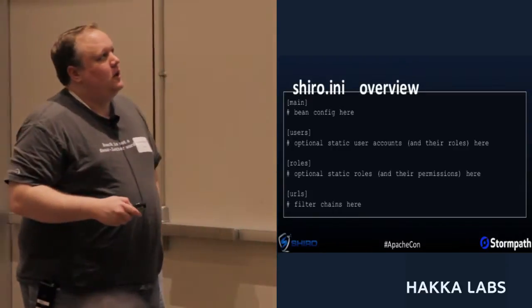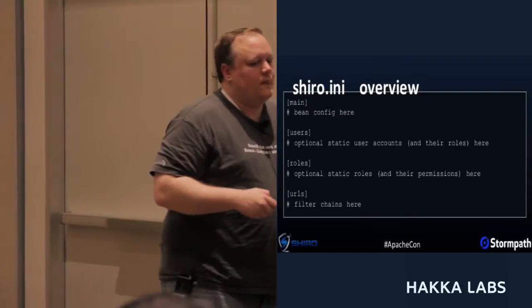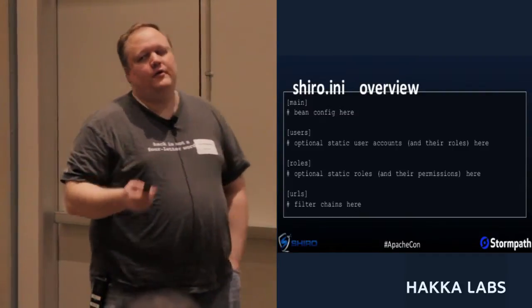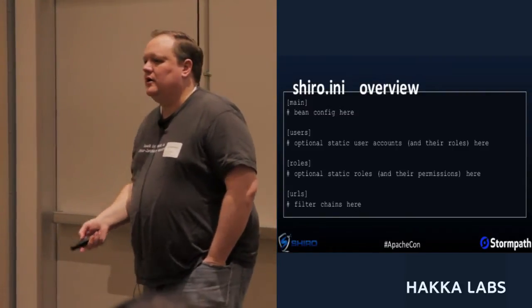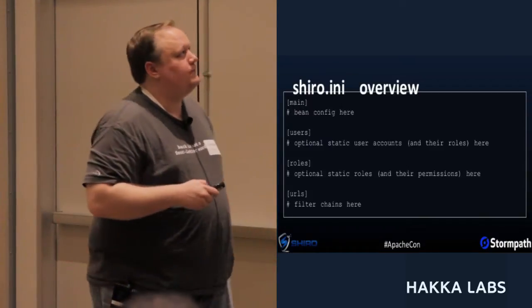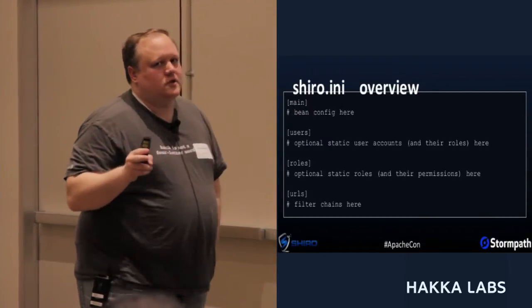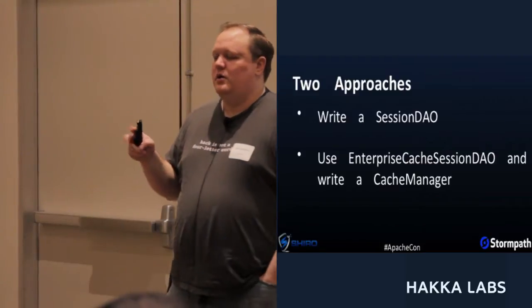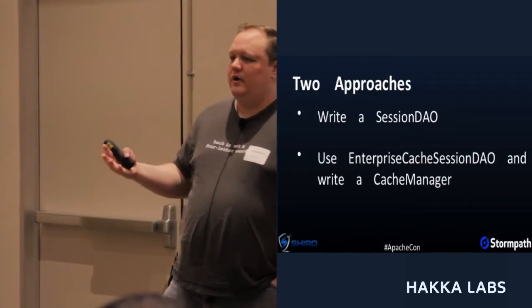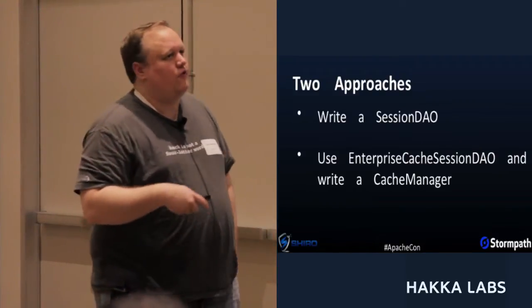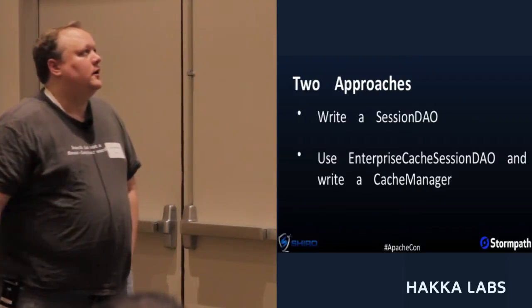Okay, so we've got this configuration mechanism. How do we build the components we need to talk to Cassandra and then configure it within an application? There are two approaches. As I mentioned before, you can implement the session DAO interface yourself directly to perform CRUD operations to your data store.